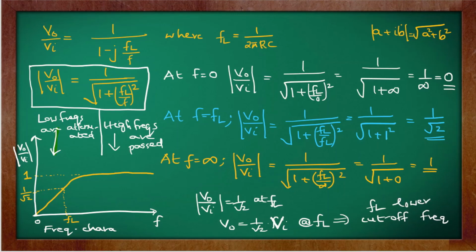We will also represent FL with another name. What is 1 by root 2 in dB scale? This is the maximum value and this is 1 by root 2 times that. 1 by root 2 in normal scale is 20 log 1 by root 2 in dB scale.